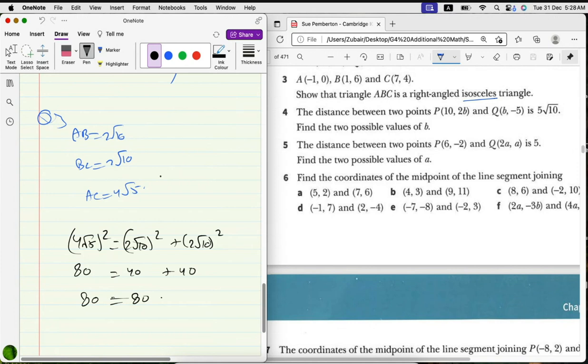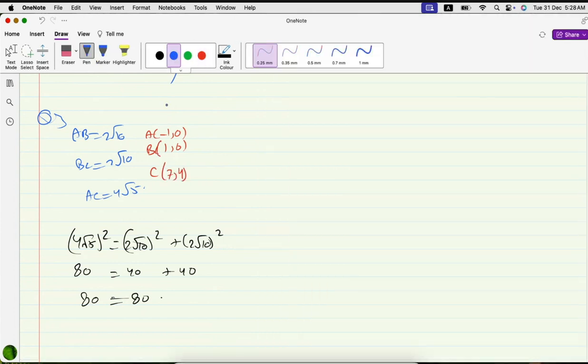Okay, if we had to do this question through gradient: coordinates of A are -1, 0, coordinates of B are 1, 6, coordinates of C are 7, 4. Now that we already know AB and BC are perpendicular to each other, I'm directly going for the gradient of these.